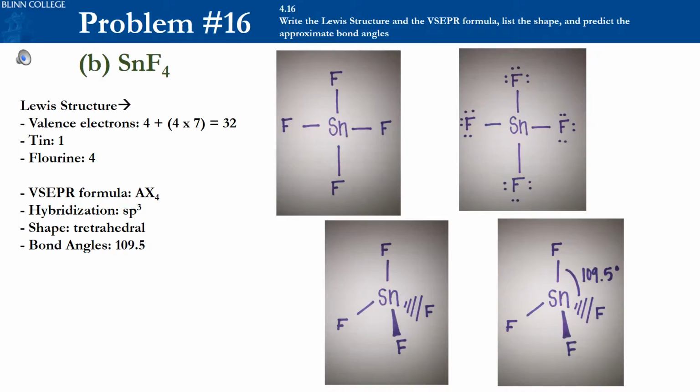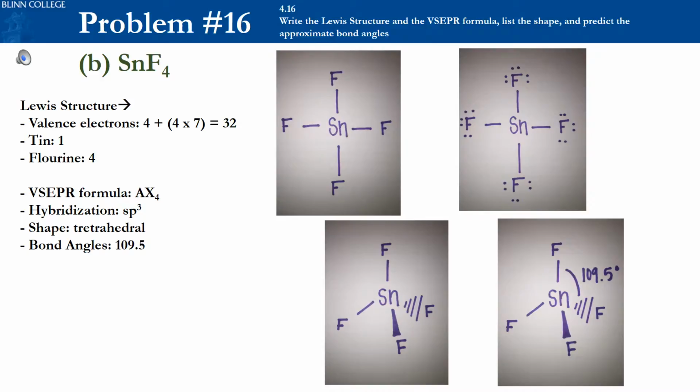And then to determine the VSEPR formula, you'll identify the central atom again and the number of atoms attached to the central atom. Also, the number of lone pairs present on the central atom. So the VSEPR formula for SnF4 is AX4.